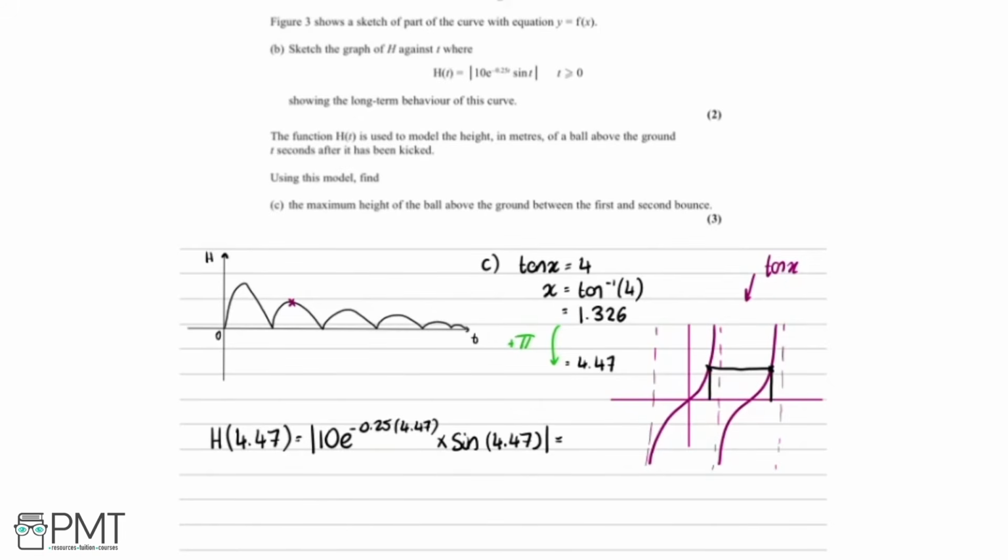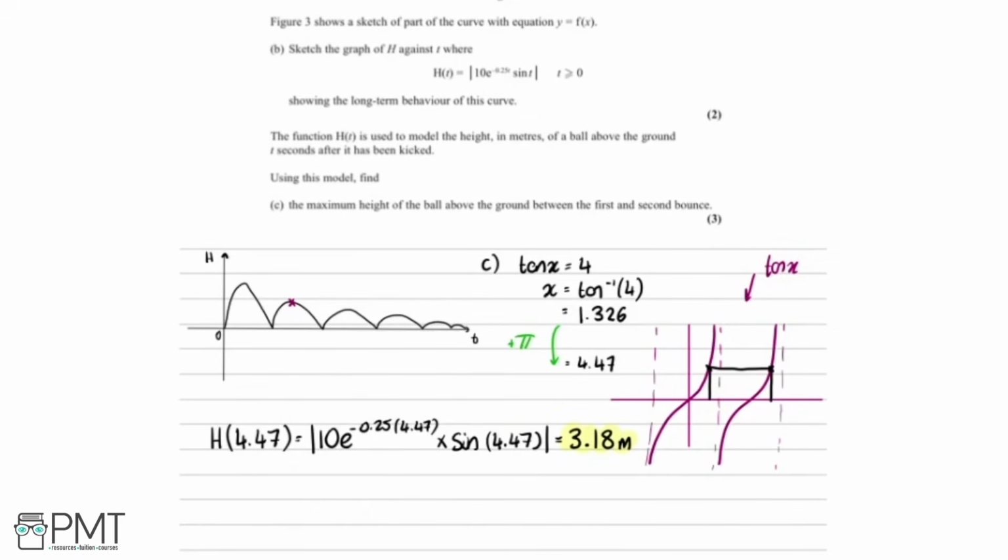Putting that in the calculator, everything inside the modulus signs comes out to minus 3.18, but because it's modulus, the answer is going to be positive 3.18, and it's in meters. So that is the final answer.